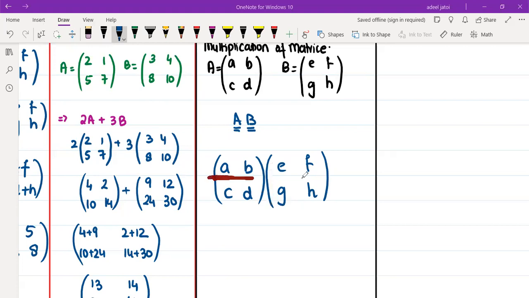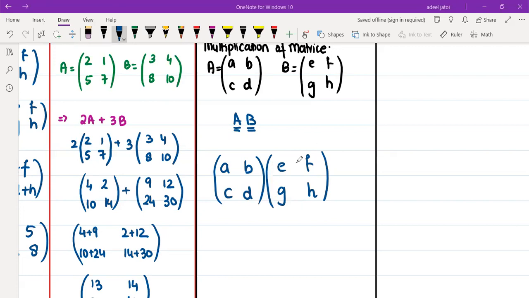Then your first row should also be multiplied with the second column of the second matrix. Your second row should be multiplied with the first column, whereas your second row should also be multiplied with your second column. That means each row is being multiplied by each column.